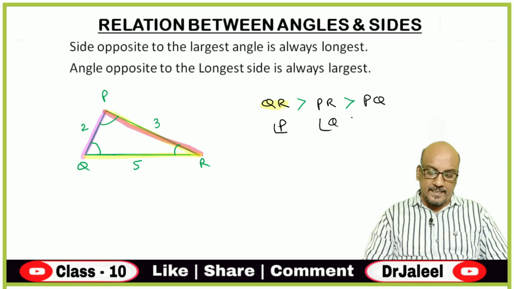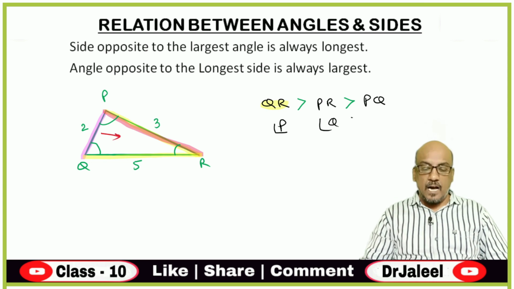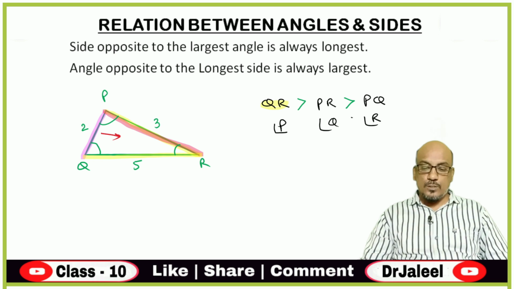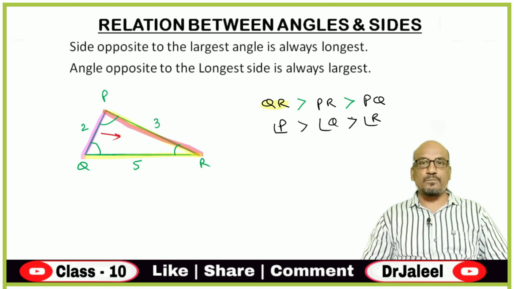So what is the opposite angle to this PQ? It is R. So this R is going to be smallest. So children, here R is going to be smallest. So as these three sides are in decreasing order, these angles are also in decreasing order now.